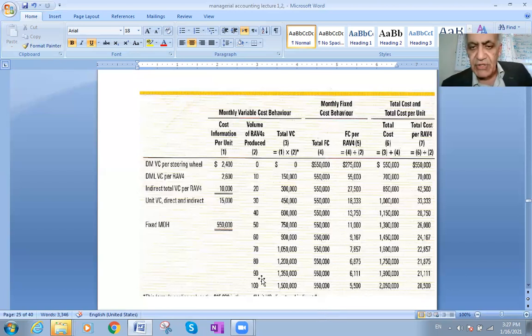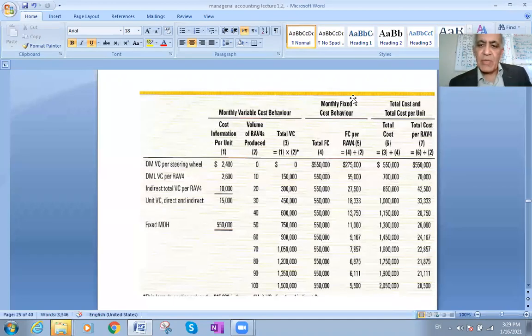Okay. So now I have the variable costs and I have the fixed costs. Now it is time to calculate the next column. On column number 5, how did I get these numbers?